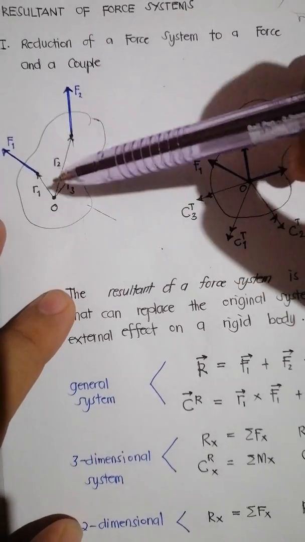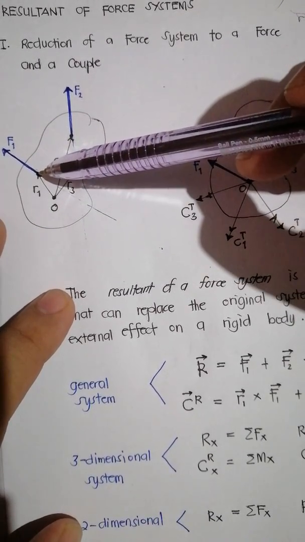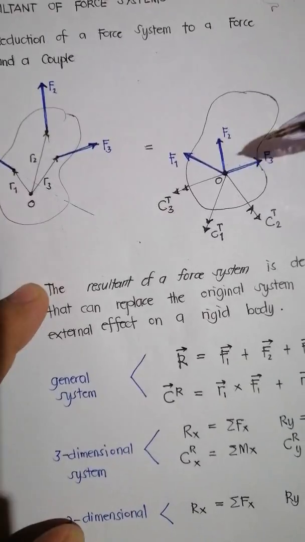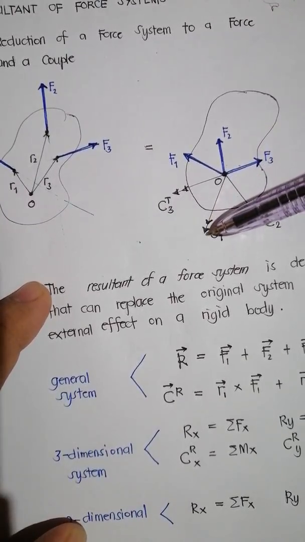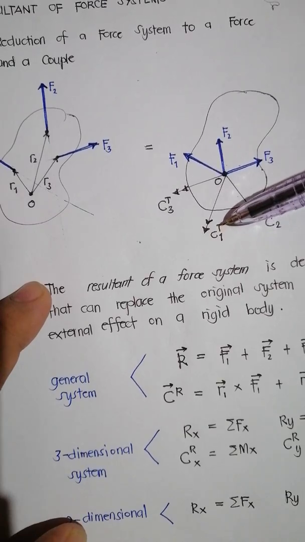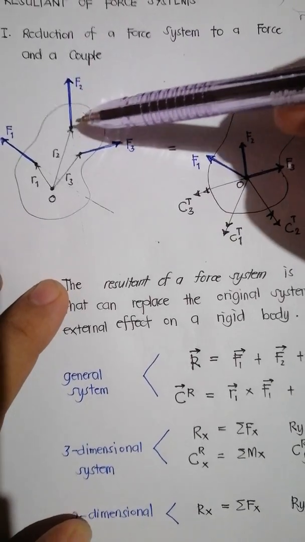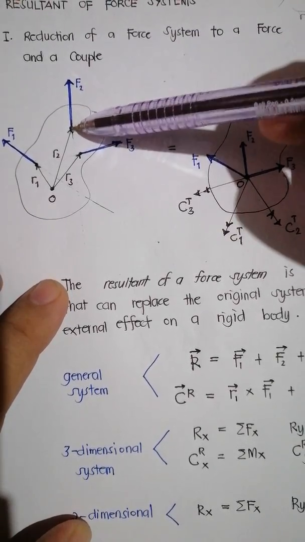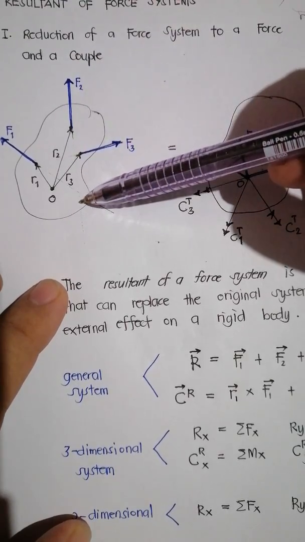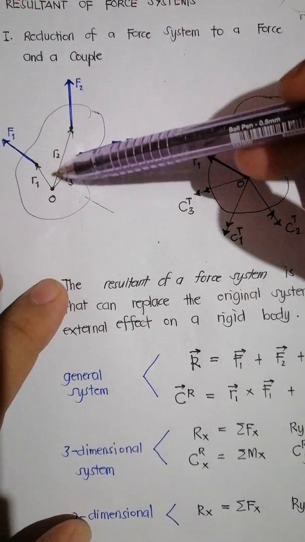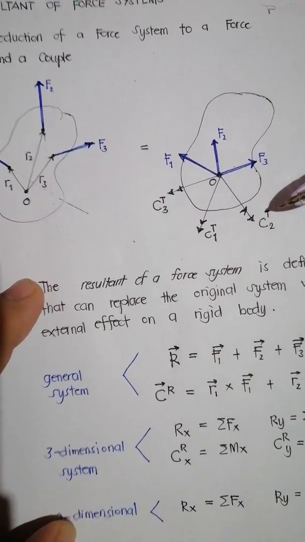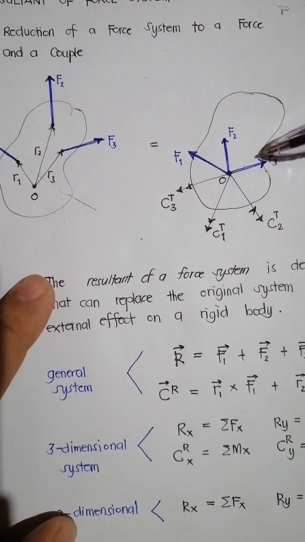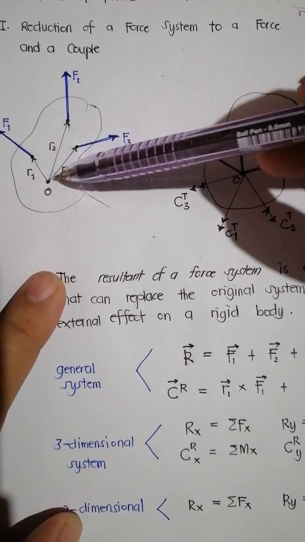So when we transferred F1 from this point of action to point O, it's now here, but there is a couple of transfer formed. Say we call that CT1. And for F2, we transfer it from this line of action to this line of action involving O. There is also another couple of transfer formed, and we call that CT sub 2. And for F3, we transfer it here.